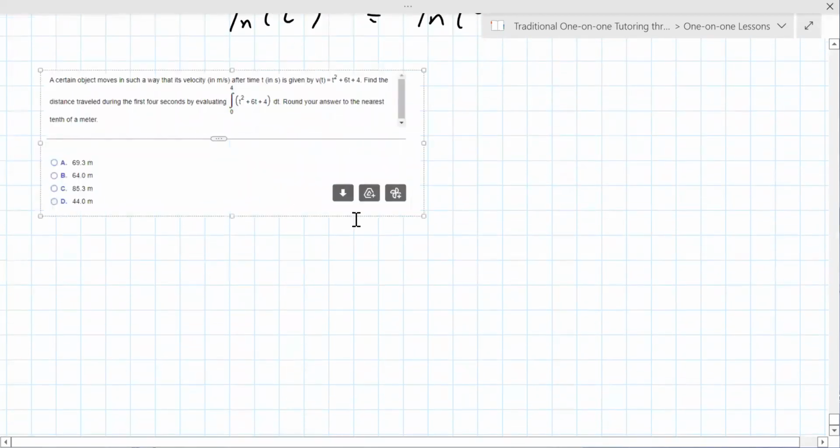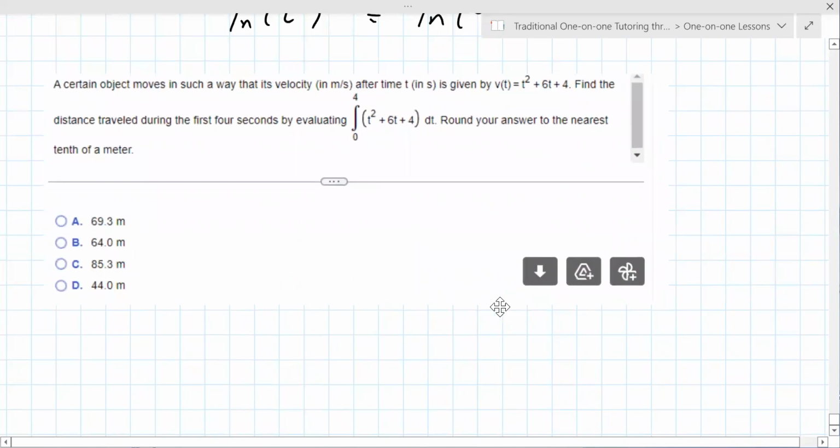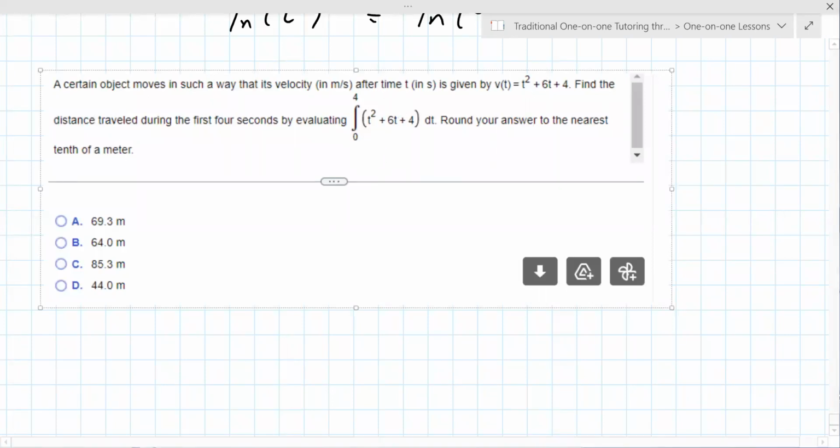So next question here continues where we've been doing. It gives you a velocity function and it wants to know how far it went in the first 4 seconds. So the answer here is to integrate this function here. So I'm just going to write it to a calculator and determine the result here.